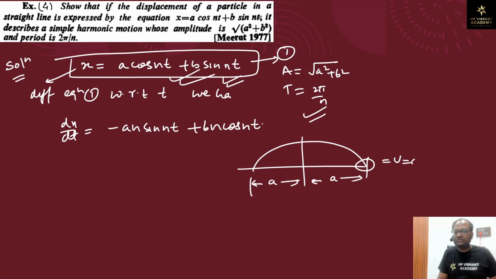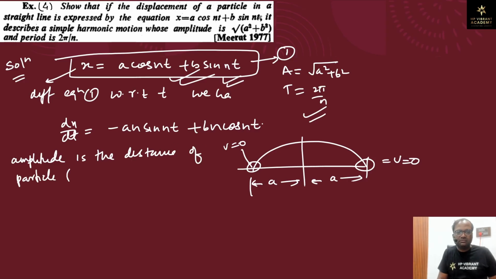Here velocity is equal to 0 and here velocity is equal to 0. So amplitude is the distance of the particle from the center of force where velocity is equal to 0.